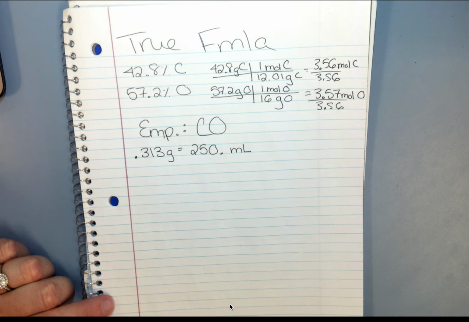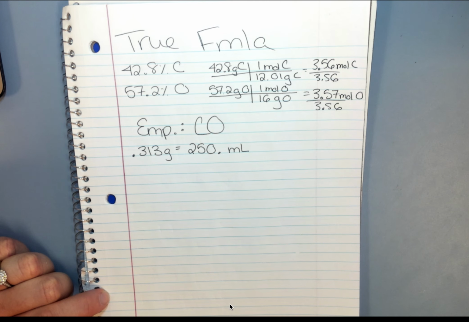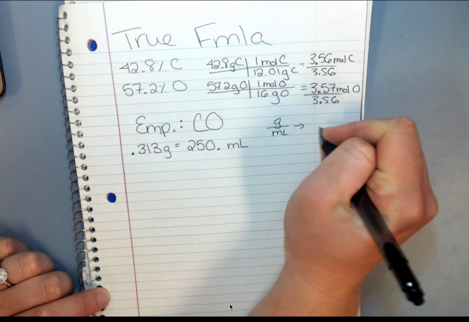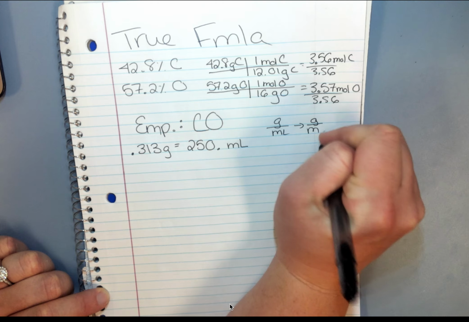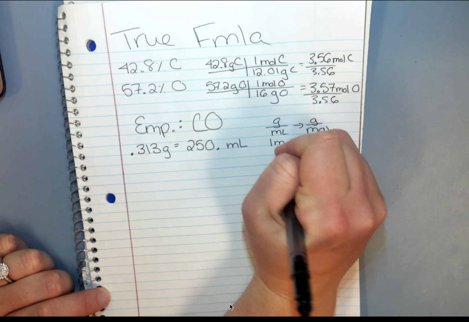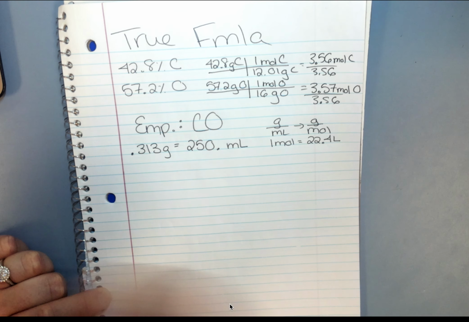Now I need to get from grams per milliliter to grams per mole. So how exactly are we going to do that? We're going to use our conversion factor that 1 mole is equal to 22.4 liters.